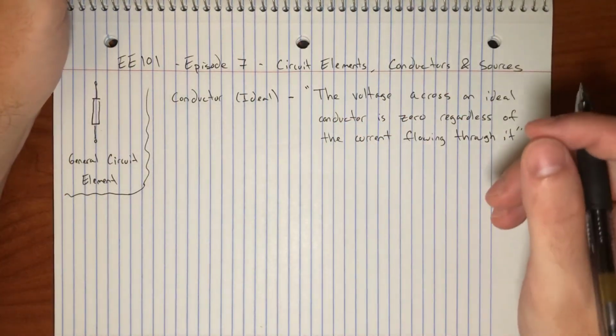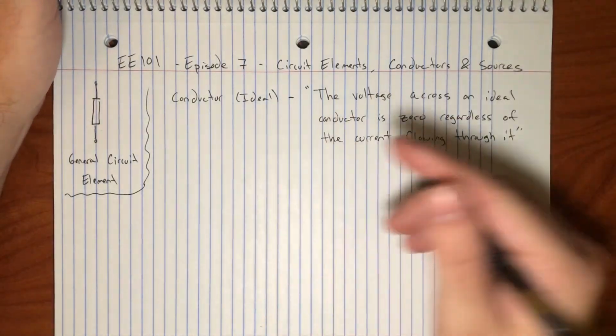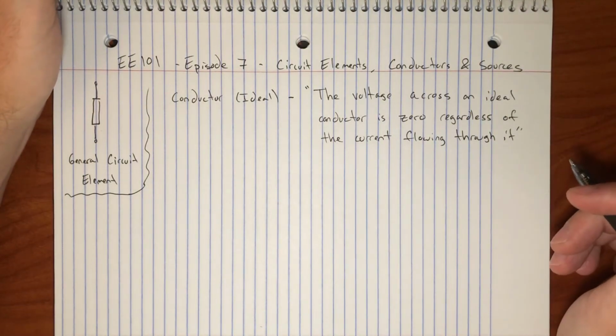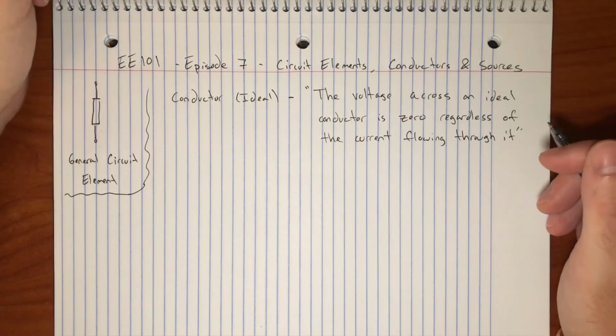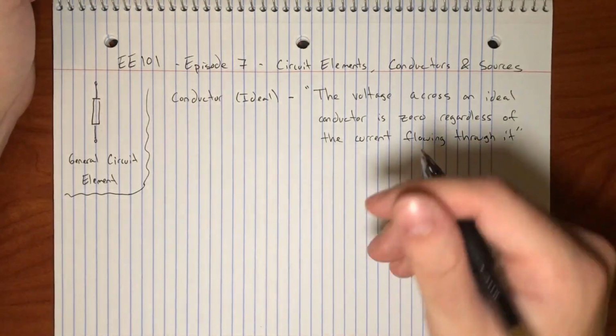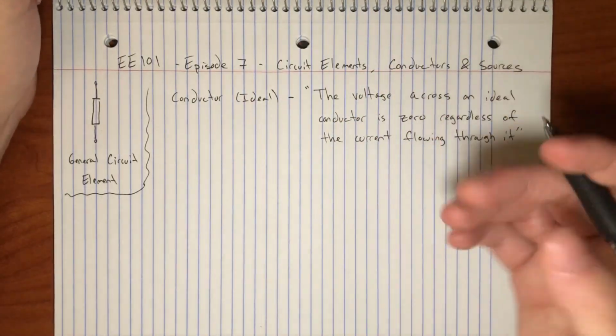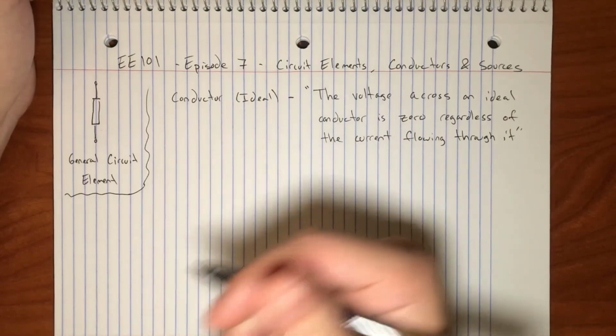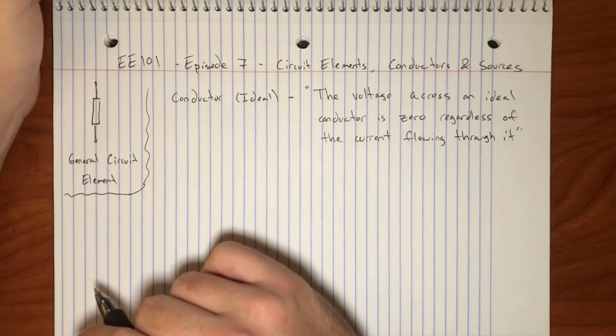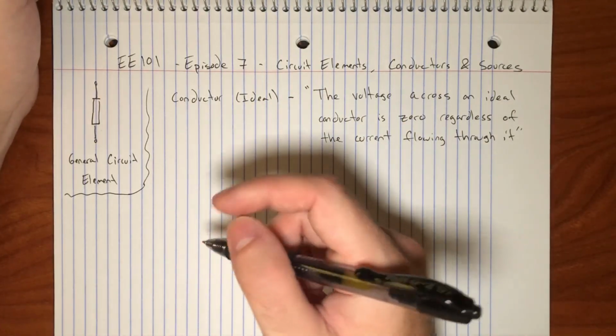Now I want to introduce a little bit more terminology before I leave this topic. If you've studied circuits at all, or if you've ever heard someone talk about circuits, you may or may not have heard the terms open and short. And you might know what those mean, but if you don't, I'm going to talk about them, because I think it can get kind of counterintuitive when you think about what these words mean.